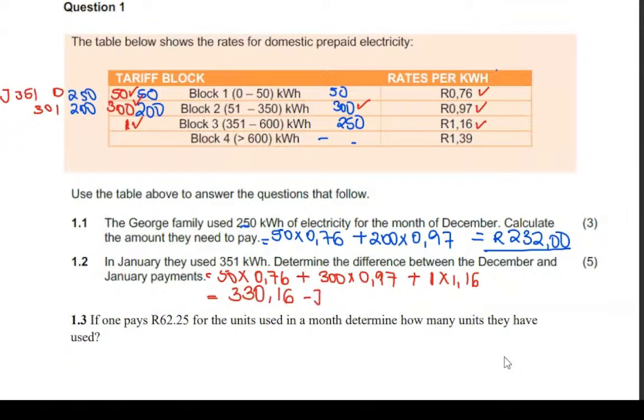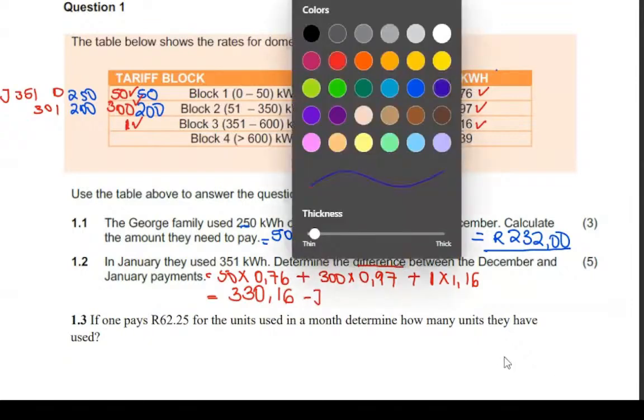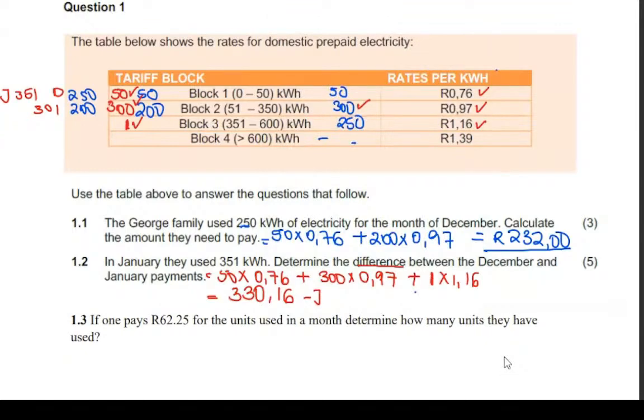But we are looking at determining the difference. Determining the difference simply means we need to subtract. What are we going to subtract? We shall subtract the cost in January minus the cost in December.